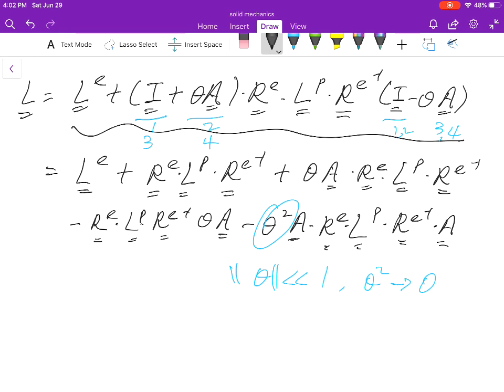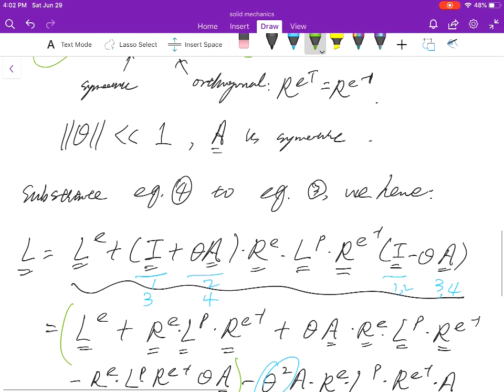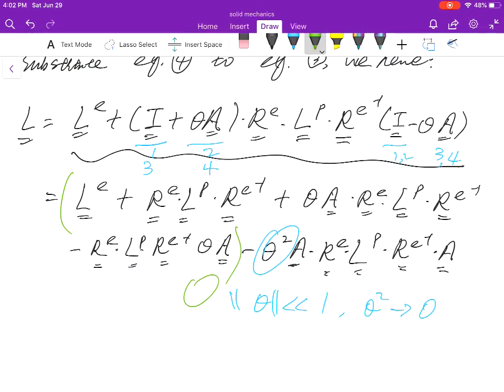So what we get is this part, and we name this part equation 5 within the green bracket.